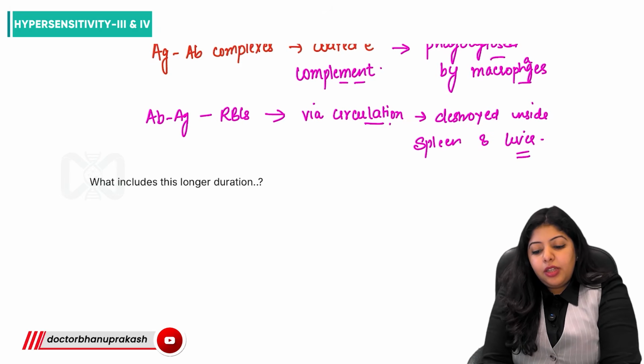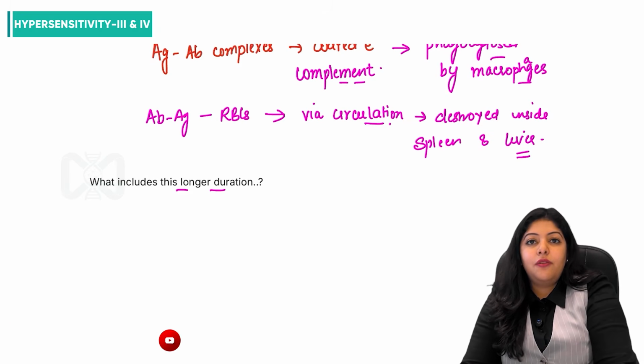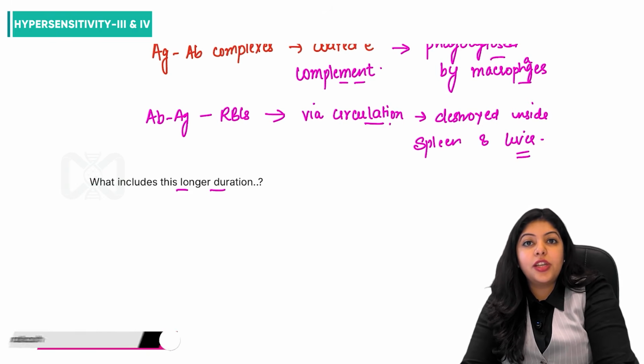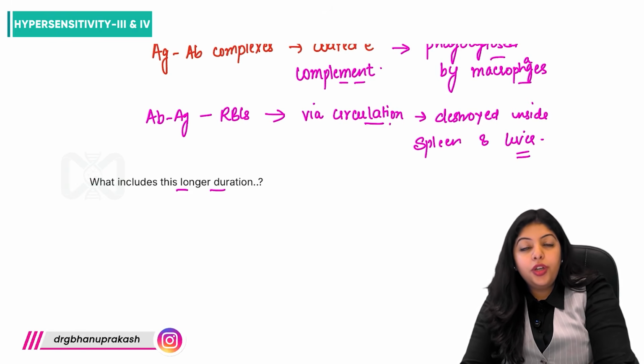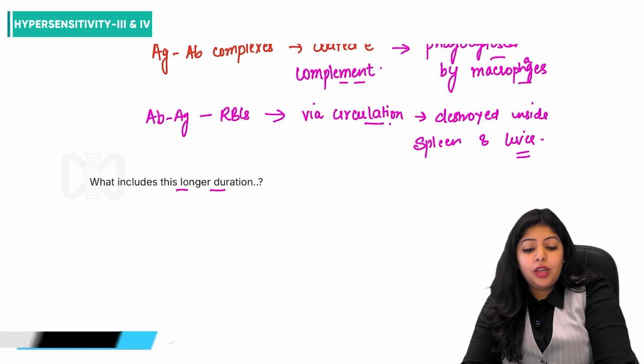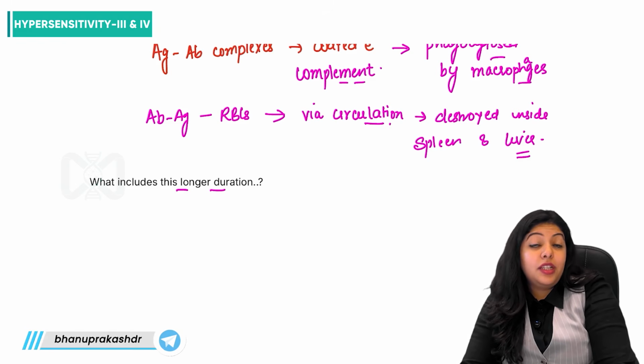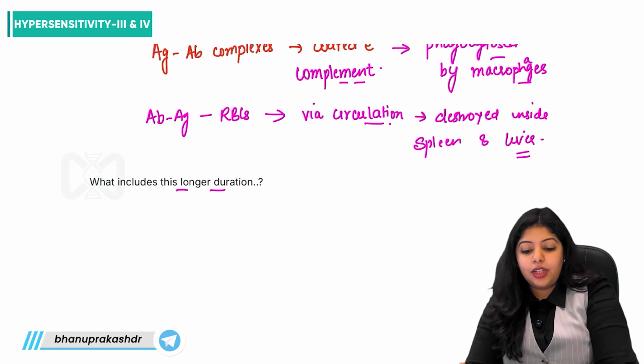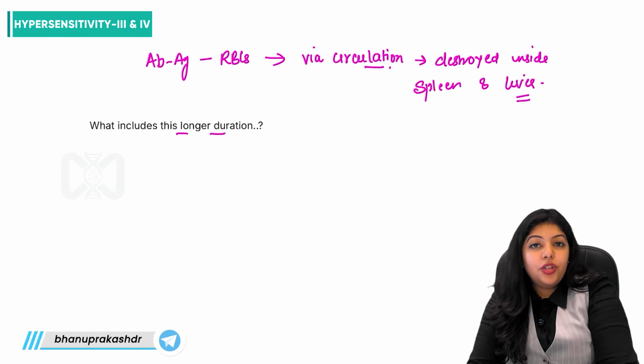But there are certain conditions when there is a longer duration of antigen exposure, a longer duration of antigen-antibody complex formation. There are repeated exposures, repeated complex formations, which ultimately lead to greater tissue destruction, right? So what are these longer durations?